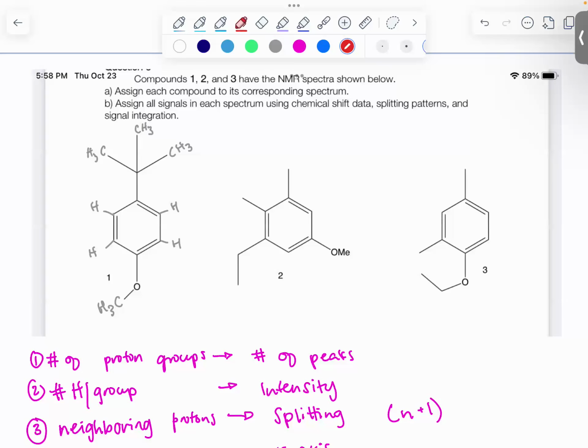Now we can go about identifying our proton groups. How many proton groups do you see at first glance? I'm hearing a wide variety of answers.